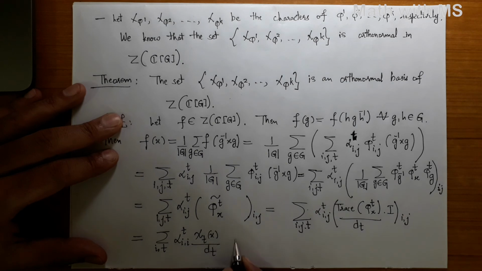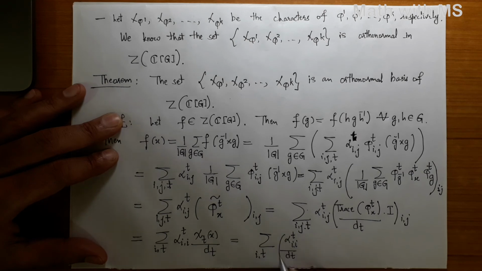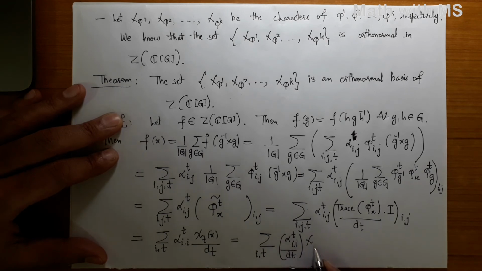So you can write it as summation over i and t, alpha_tii over d_t, this is your scalar, and chi_t of x.